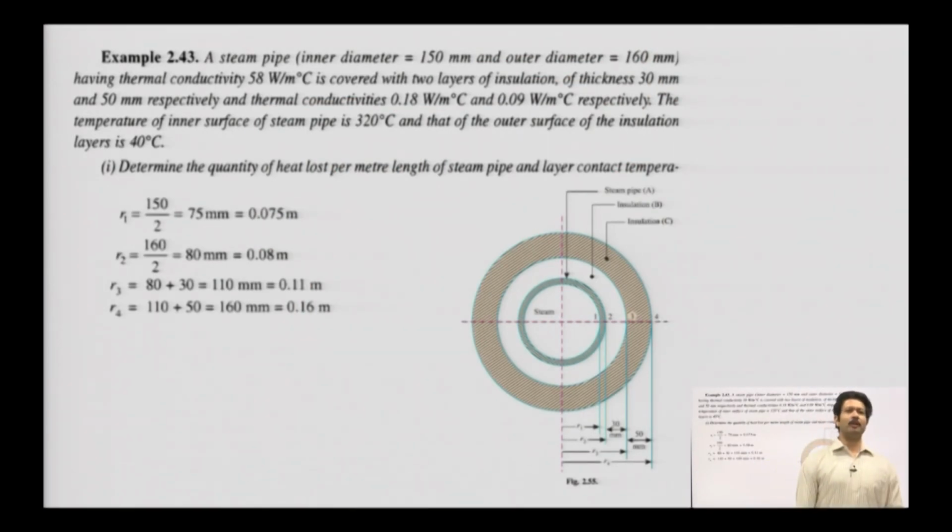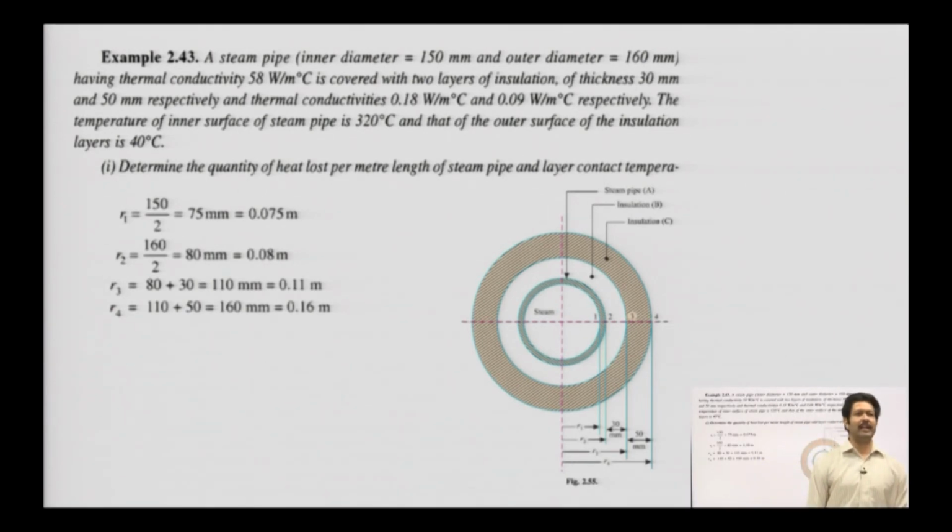Now let's talk about the numerical, and as you can already see, this is a cylinder, not a slab. A steam pipe with inner diameter 150 mm and outer diameter 160 mm, having thermal conductivity 58 watts per meter degree Celsius, is covered with two layers of insulation of thickness 30 mm and 50 mm respectively, with thermal conductivities 0.18 and 0.09 watts per meter degree Celsius respectively.